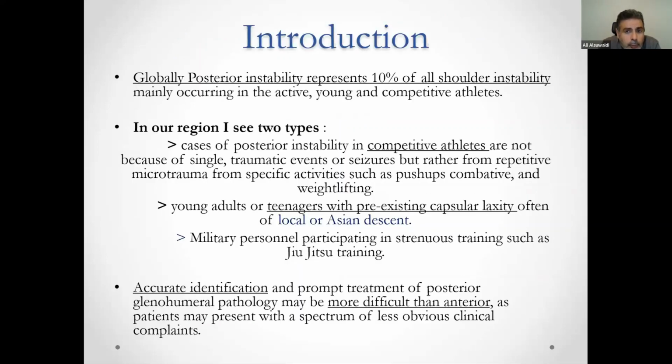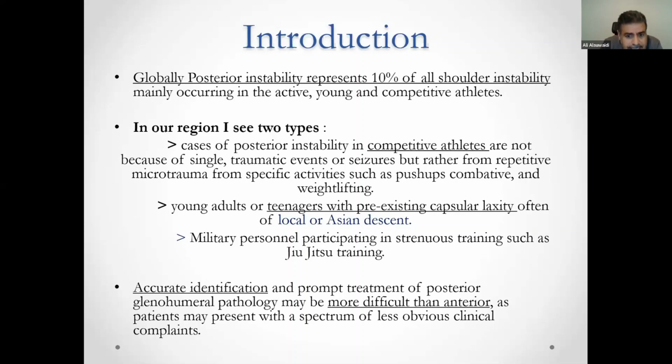So we know globally posterior shoulder instability is not common, quoted at around 10% of all shoulder instability. Mainly it happens in active, young, and competitive athletes. In our region, the more I see are competitive athletes, and more from repetitive microtrauma from specific activities, push-ups, weightlifting, rather than a single injury.